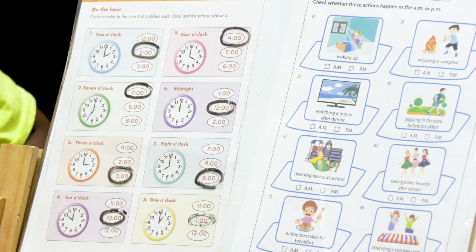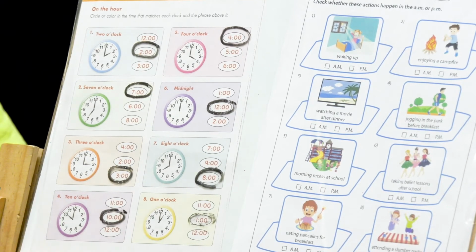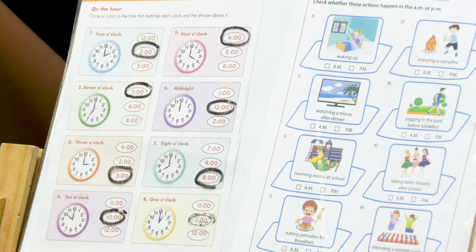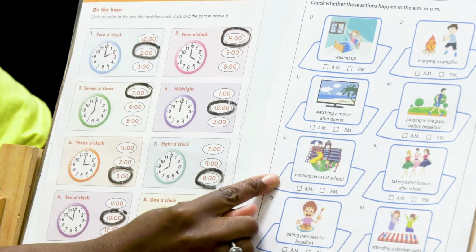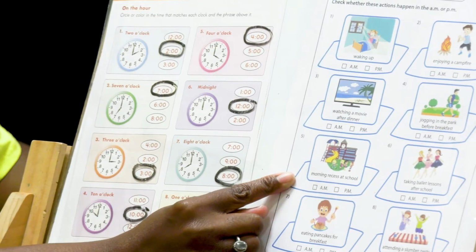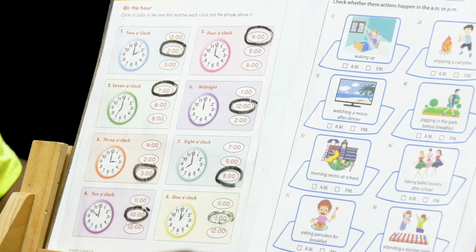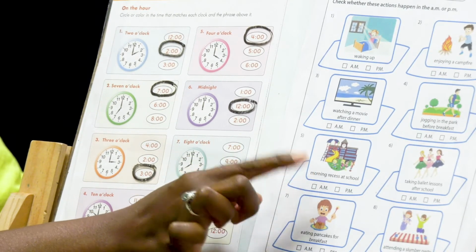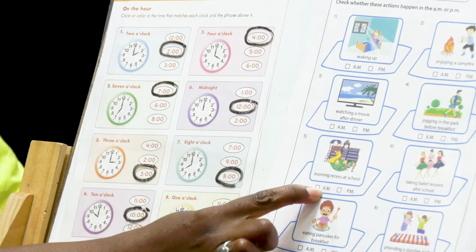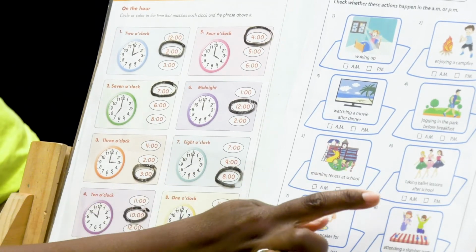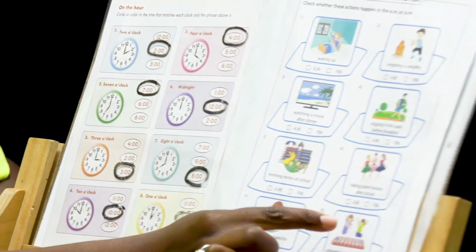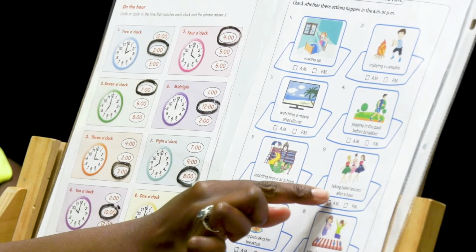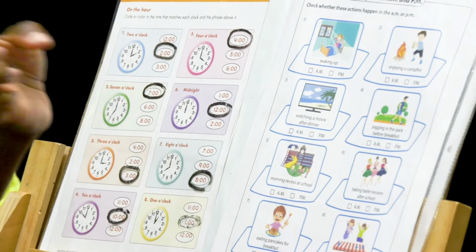Here you see jogging in the park before breakfast, and breakfast is usually done in the morning, so the morning represents AM. Here it says morning recess at school, so you can see it says morning, that's the key word, so that is AM. Here it says taking ballet lessons after school.